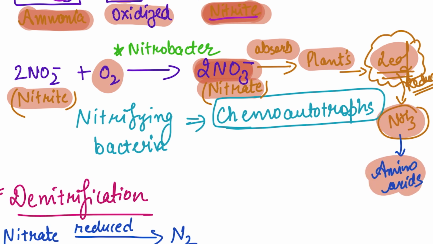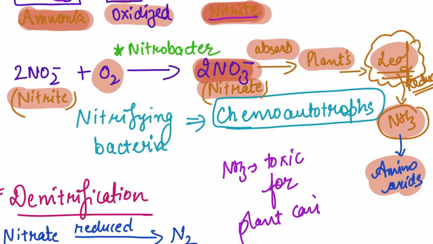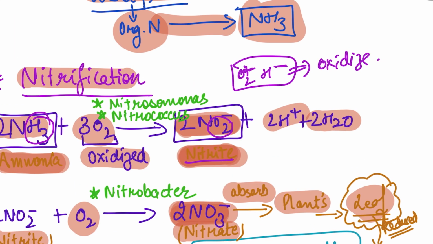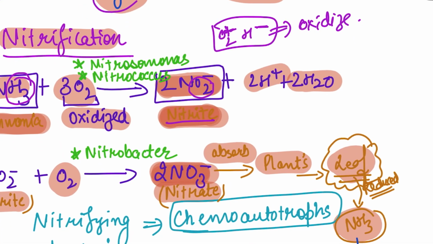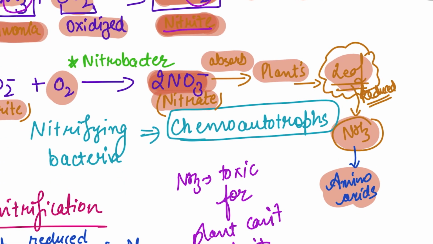Look, ammonia is a toxic form, and the plant cannot take it. Okay, ammonia is toxic. We converted organic nitrogen or gases into ammonia, but the plant cannot take ammonia, that's why they take nitrate, which is easy to take. The plant absorbs nitrate.